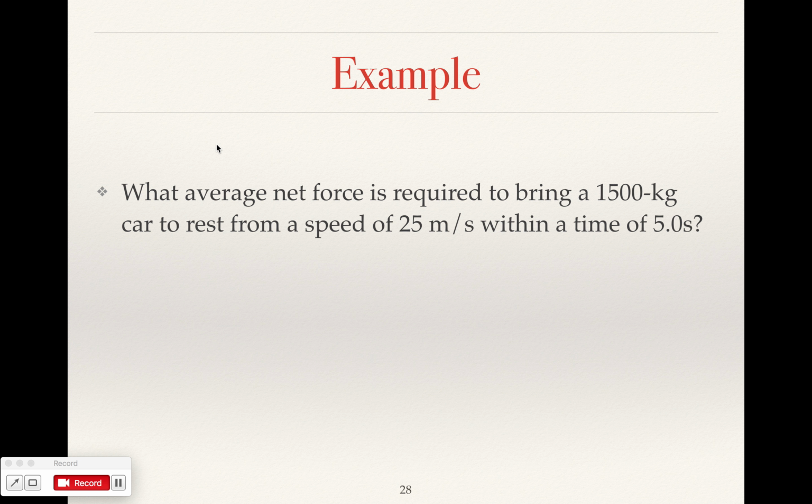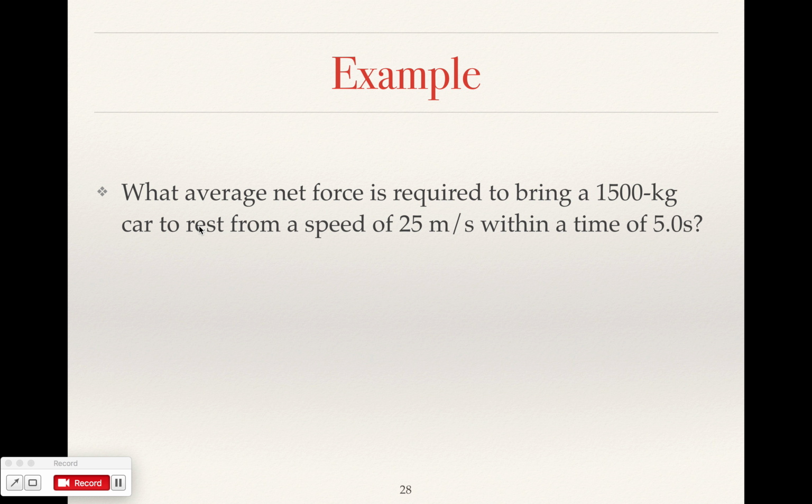But just a real simple example: what's the average net force required to bring a 1,500 kilogram car to rest from a speed of 25 meters per second within a time of 5 seconds? Newton's second law says the net force should be mass times acceleration. We know the mass of our object, so what about the acceleration?